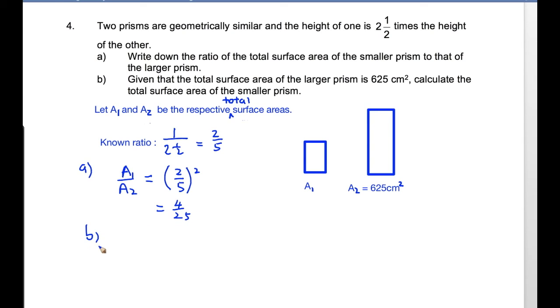In the second part, we need to find the total surface area of the smaller prism, which is A1. The total surface area of the larger prism is 625, and this equals the ratio of areas.